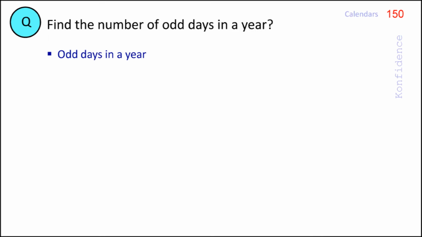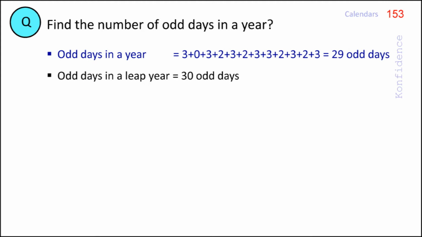Add up all the odd days of all the months. We will get 3 plus 0 plus 3 plus 2 plus 3 plus 2 plus 3 plus 3 plus 2 plus 3 plus 2 plus 3. That is equal to 29 odd days in a general year and 30 odd days in a leap year. But can there be 29 odd days?